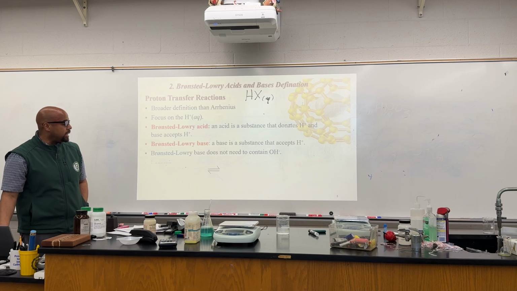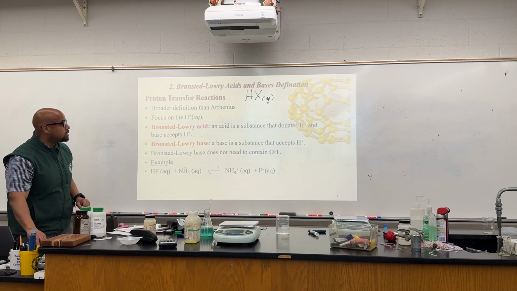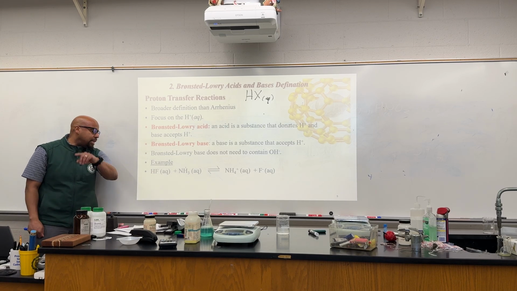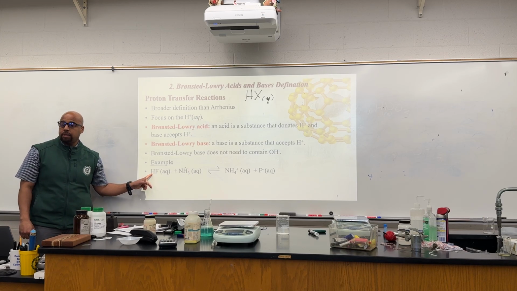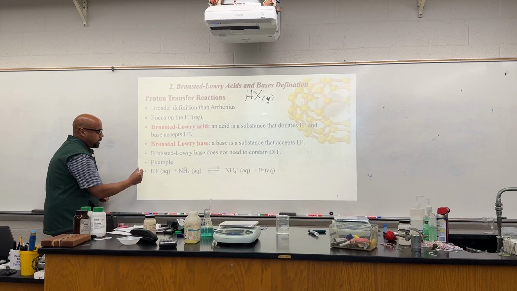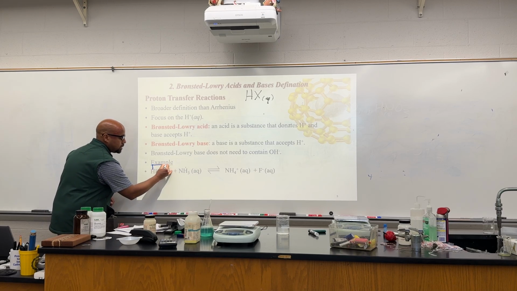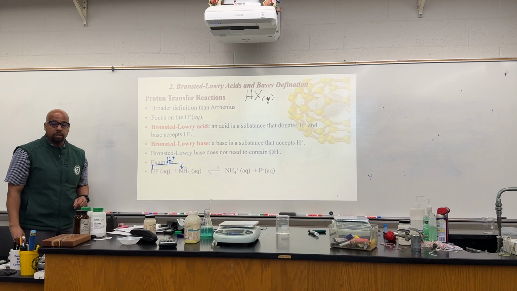And if we look at a good example here, say I've got something such as HF. Well, under Arrhenius' way of looking at it, I would have said you're an acid. And we're still going to see it as being an acid. Because if I look at this equilibrium that's going to take place here, this H+ is going to transfer itself over here to the ammonia.